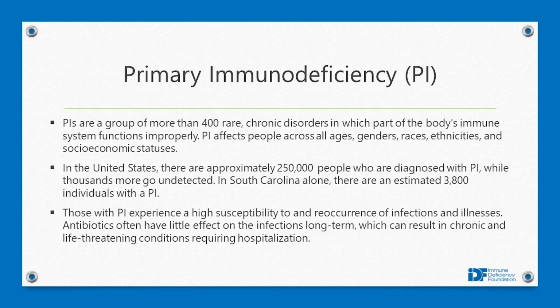As I'm sure you all know, PI is a group of more than 400 rare chronic disorders in which part of the body's immune system functions improperly and affects people across all ages, genders, races, ethnicities, and socioeconomic statuses. In the US, there are an estimated 250,000 people diagnosed with PI, including an estimated 3,800 in South Carolina.